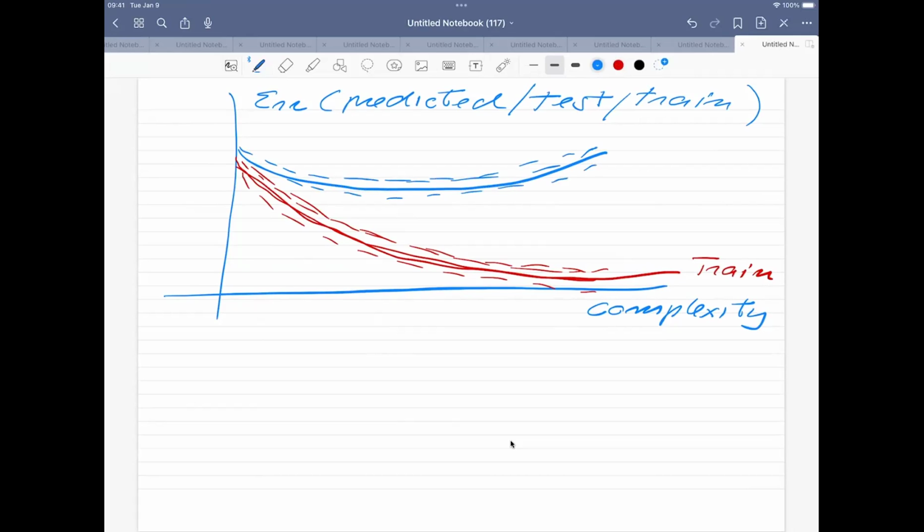So bootstrapping is one of these cheap, poor scientist's or poor practitioner's way of obtaining new data without making a new experiment, where you just reshuffle the data with replacement. What you would get then is a band here, and you would calculate the mean value. So this would be the test error, and this is often the quantity you would present.